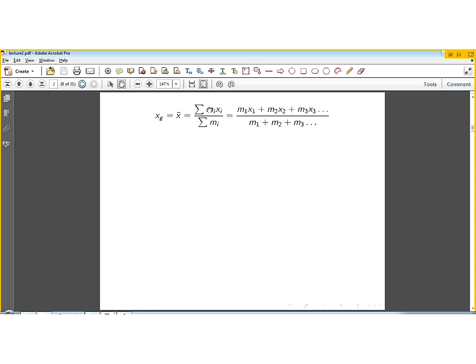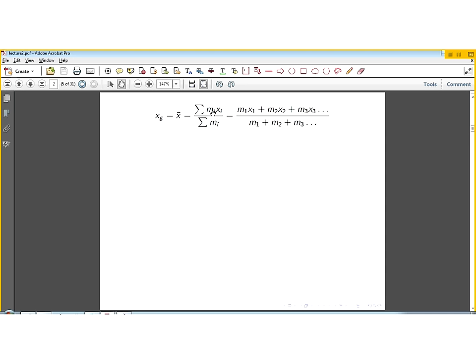So what does this summation in the numerator mean? It simply means m1 times x1 plus m2 times x2 plus m3 times x3, etc., etc., until I've added to the numerator the product of the mass and the position of all the particles in my system.